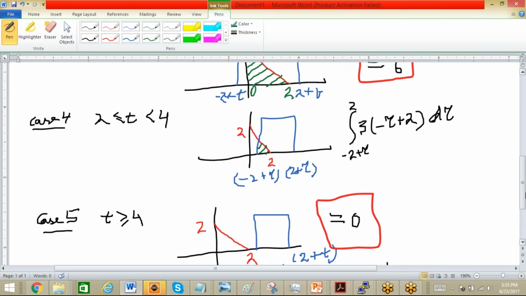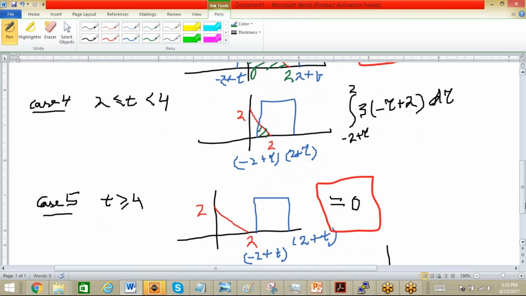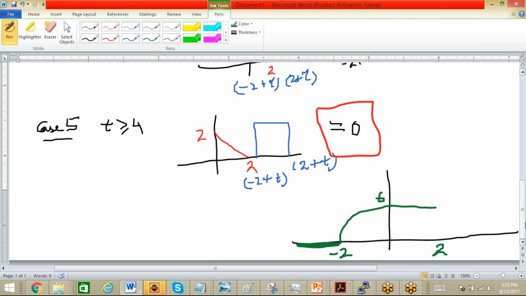Now, if t is greater than 2 and less than 4, it is showing you again the kind of square function, but this time it is positive, so it will be something this way, like this. And at 4, it will be 0. So it will proceed towards your line.